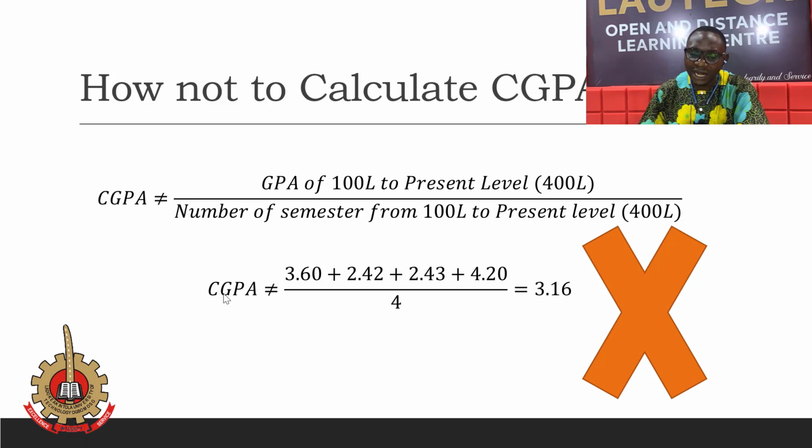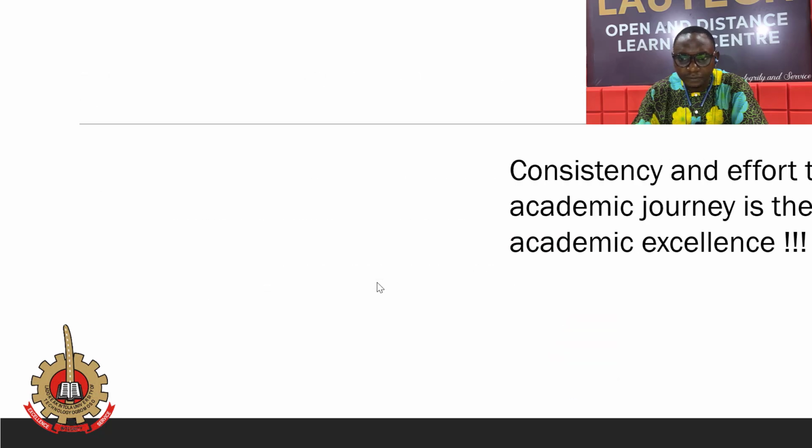It's taking into account your performance over time. So it's not just taking the average of your performance. So it's very very important for you to pay attention to this. So this is no way of calculating a CGPA.